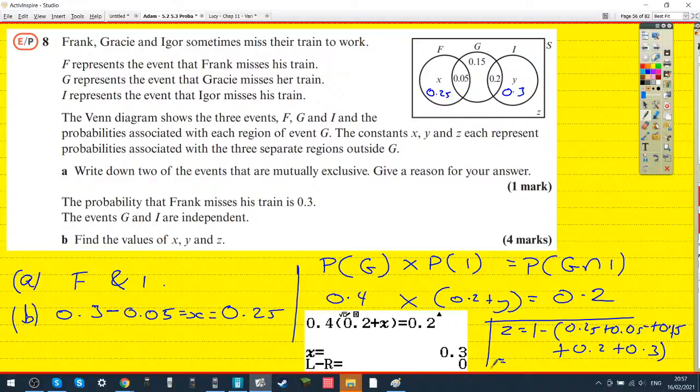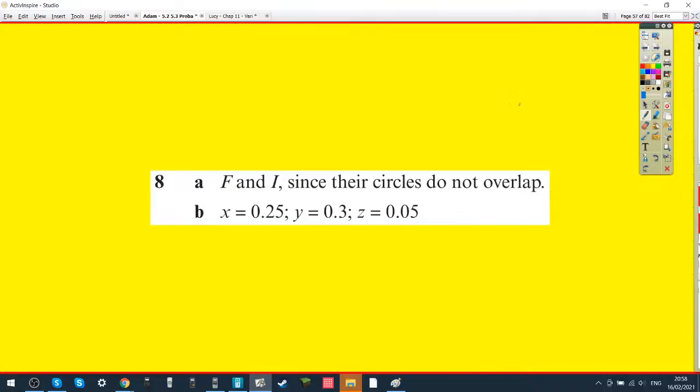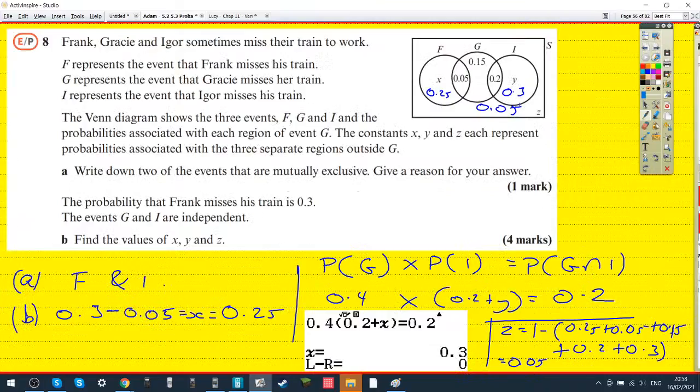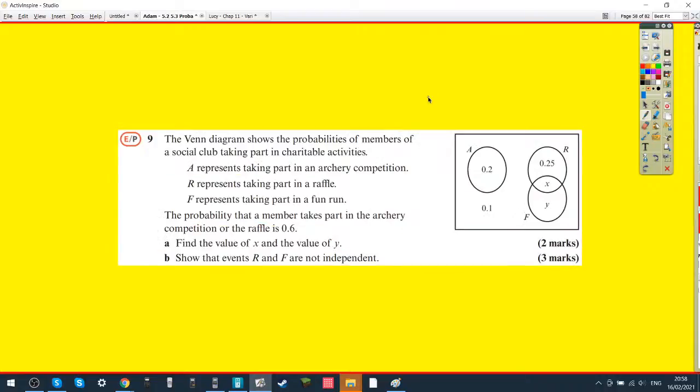I got 0.05. Looks good. 0.05 for Z, and Y is 0.3. Yep, that one was a good one. I liked that one. So G is the whole thing. I is the whole thing. Multiply them together, you get the middle bit. Yeah. That's a good one.